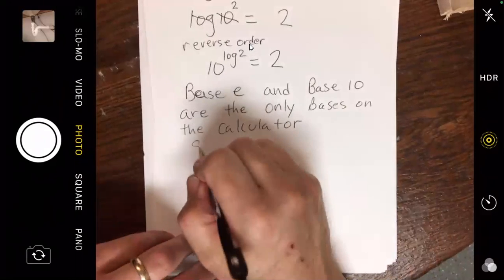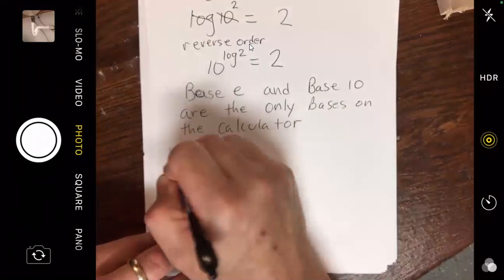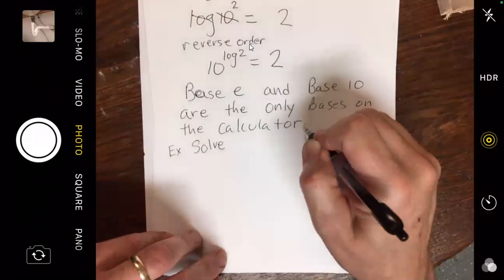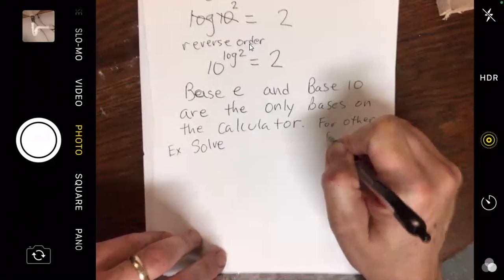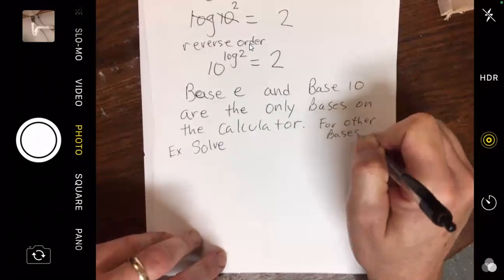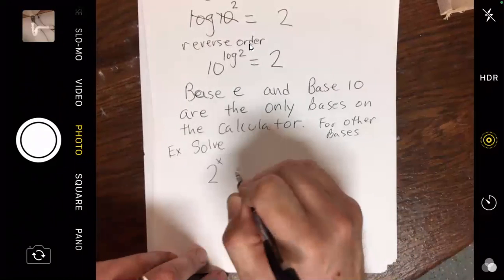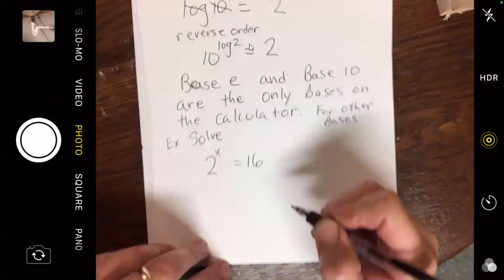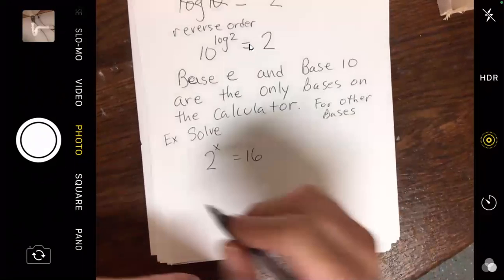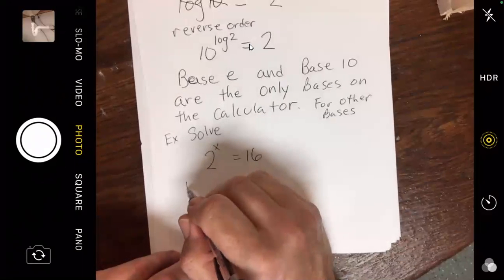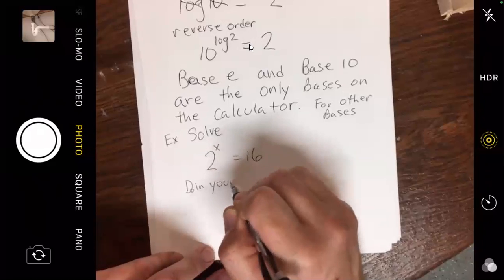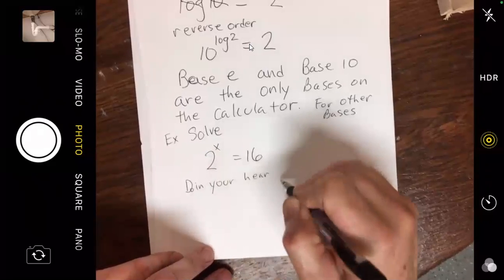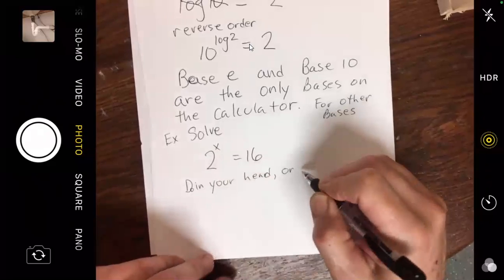Okay, so if I want to solve for other bases, say I want to solve 2 to the x is equal to 16. You basically can do it in your head, or use your fingers.